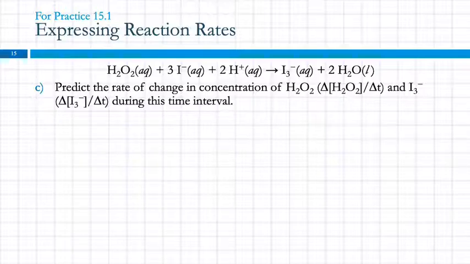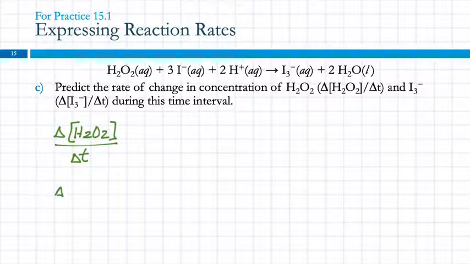So we're looking for the change in the H2O2 concentration over time and the change in the I3 minus concentration over time. Those are the two things it's wanting us to find.